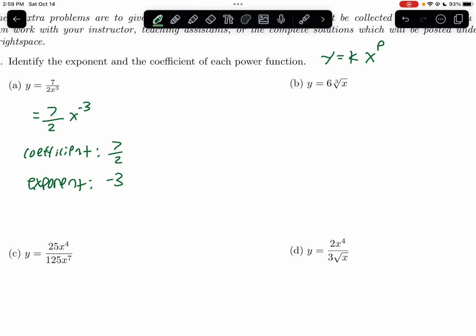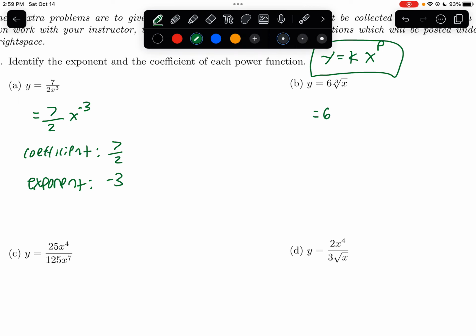Very similar for the rest of these. It's just applying exponent rules to get it to match this form. So for part B, you would use the idea that the nth root of something to the mth power is x to the m over n.